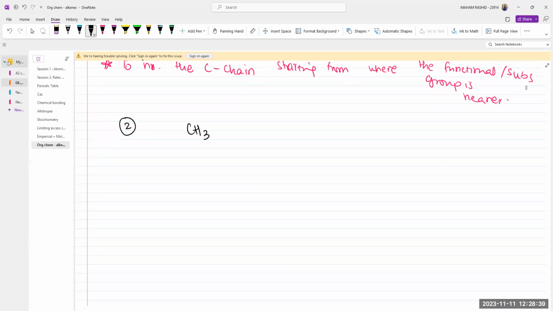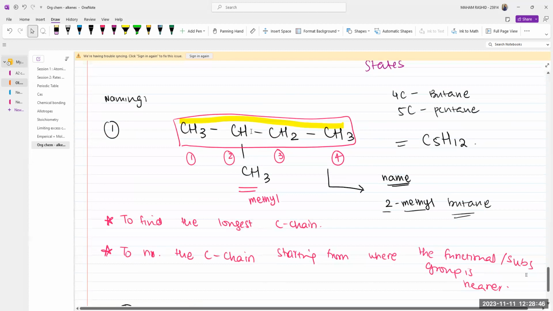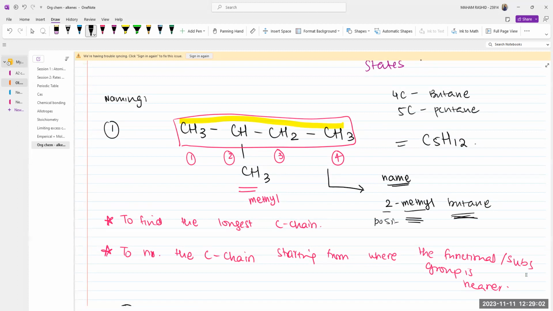I just had one question. When we were doing the previous example, when we're counting for the alkane, we don't count the methyl group, we just count the longest chain, because in the naming you're saying there's butane which has a methyl attached on the second position, right? So it's butane plus a methyl group. So if you add a methyl group to a butane, it automatically turns to a pentane, right?